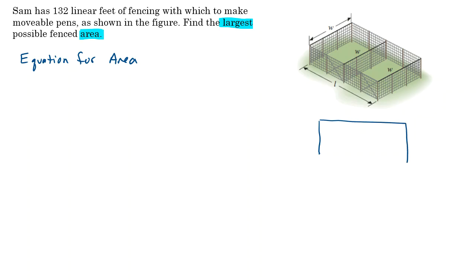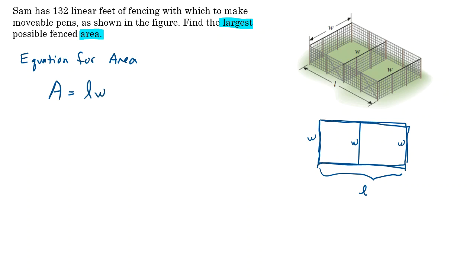I could do something like this, that's split up into two different pens, and then this whole distance is L. And this is W, and this is W, and this is W. So the area of this big rectangle is length times width. That's the area of this pen.